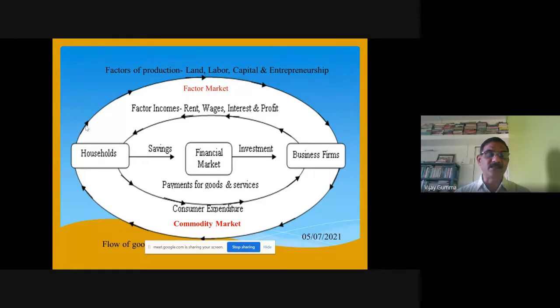Factor services flow from the household sector to the business firm sector, and goods and services flow from the business firm sector to the household sector.